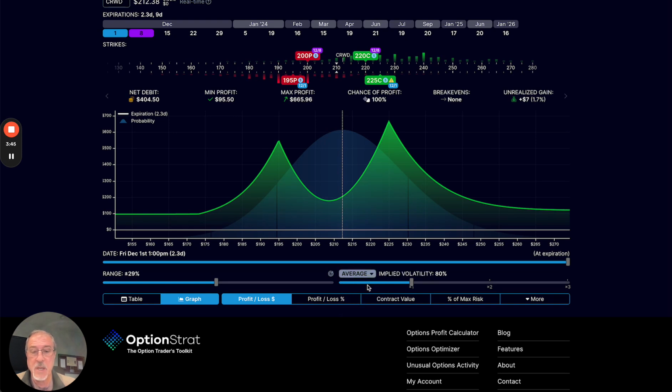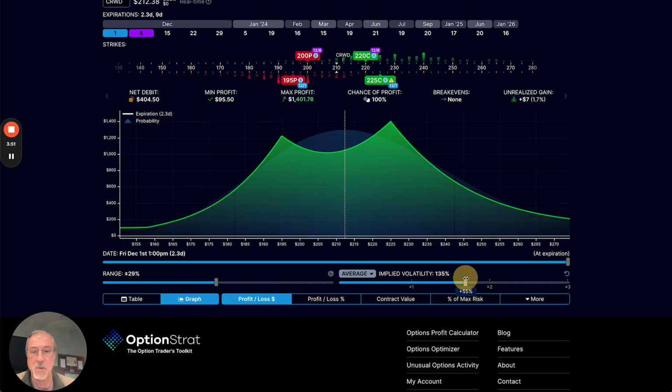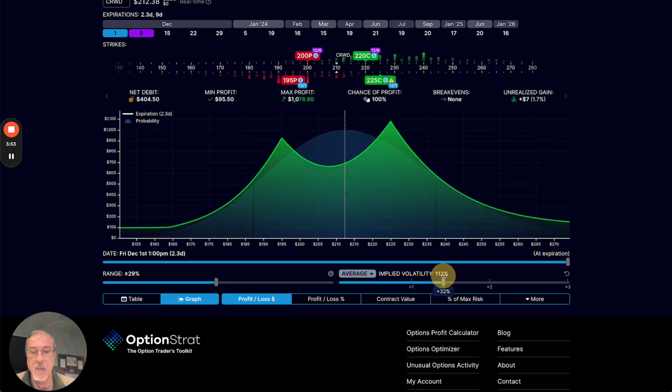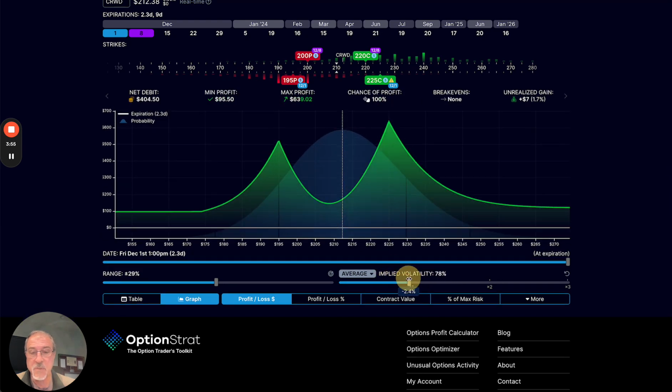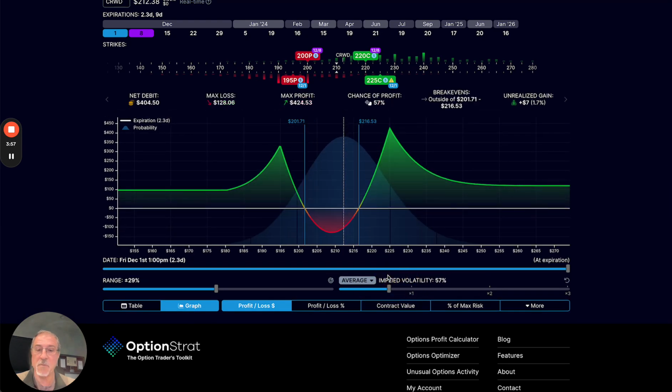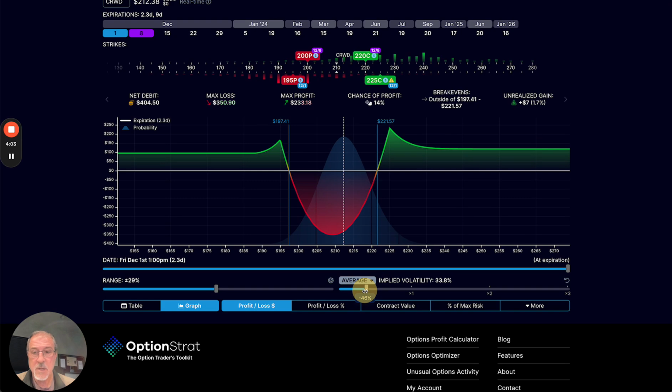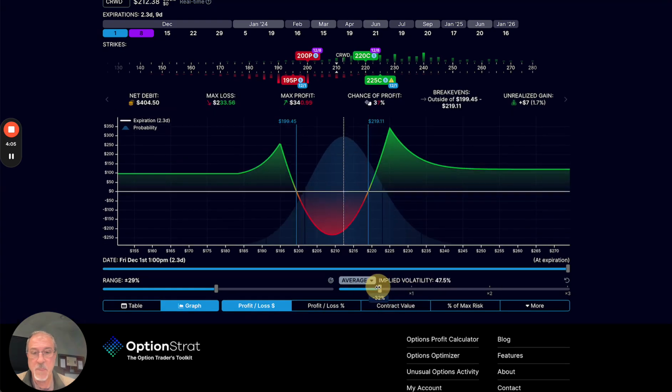So I can come in and take a look at how both the front and the back change, and I can see how those change. If the front changes the same as the back, I can see how that might react here in this trade.